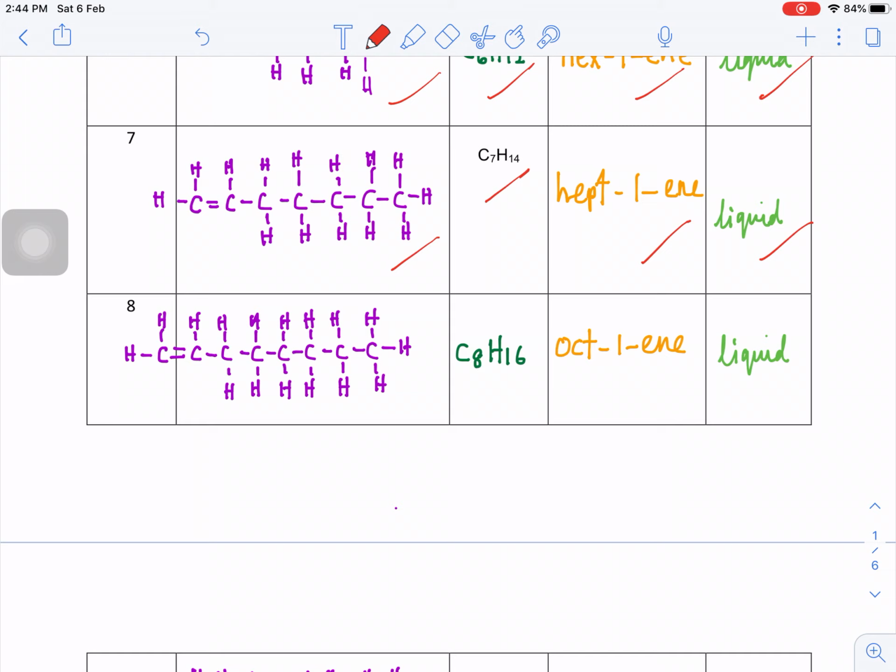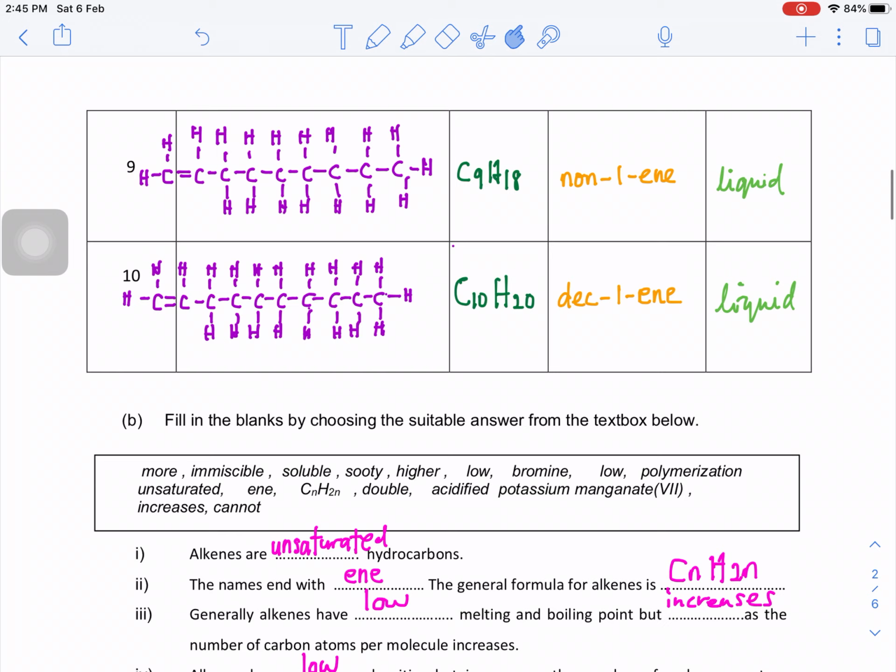If n equals 8, with the same method we draw, because the carbon-carbon double bond is at carbon 1, so the name is oct-1-ene, liquid at room temperature, molecular formula C8H16. Next, number 9.